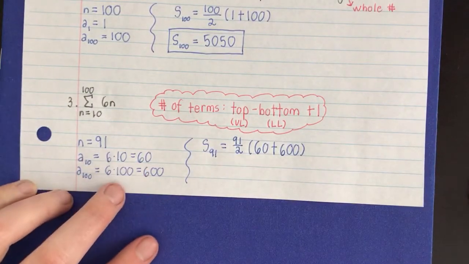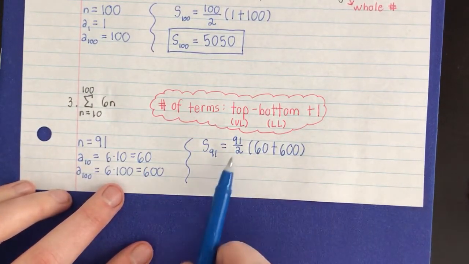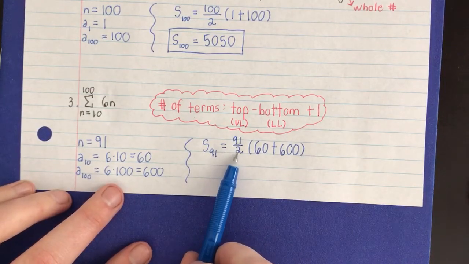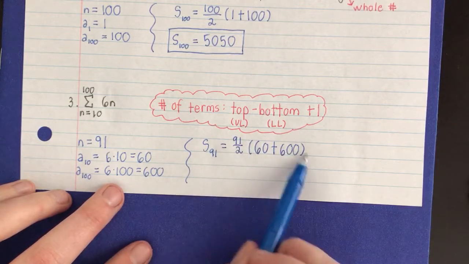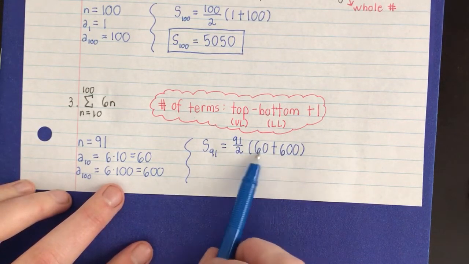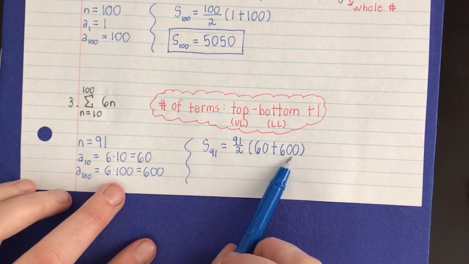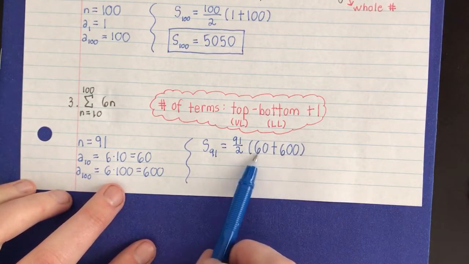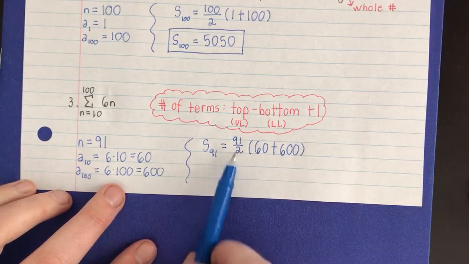Okay, and remember, you can be using your scientific calculator for this, so you'd type in 91 divided by 2 if you didn't do that in your head. Okay, and then you would get that value, and you would multiply it by 60 plus 600, but you'd want to make sure and add these first before you multiply. So 660 times this value.